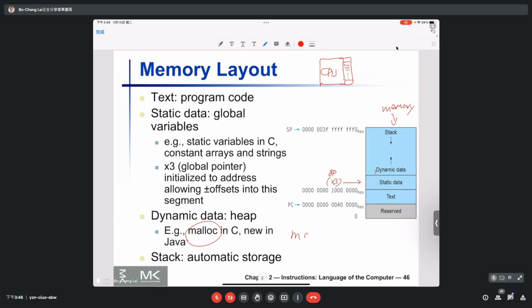If most of my data will be used at the bottom of the static area, then I'll move it down. The purpose is for the program to find the data it needs easily. The compiler manages where it points and whether to move it up or down.